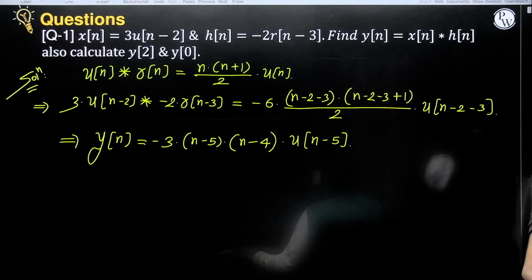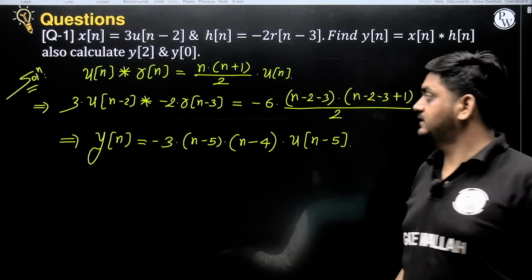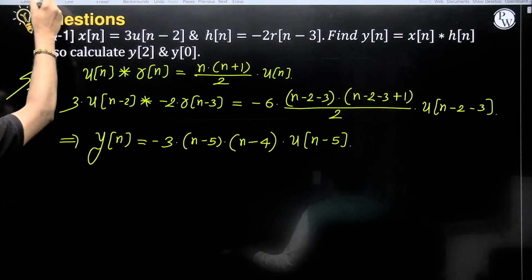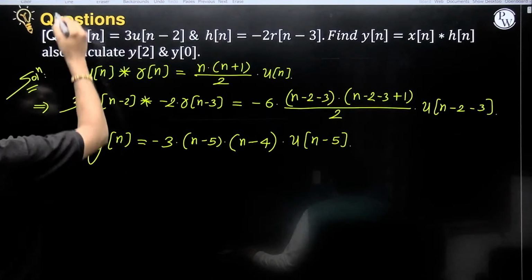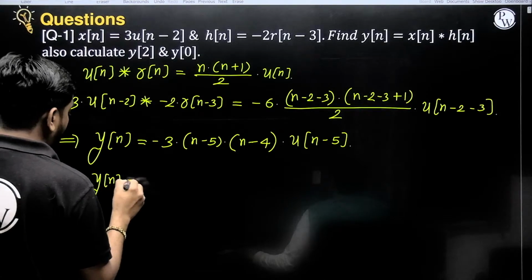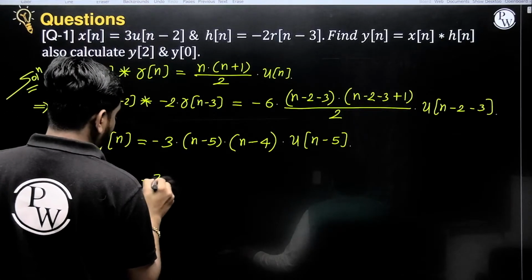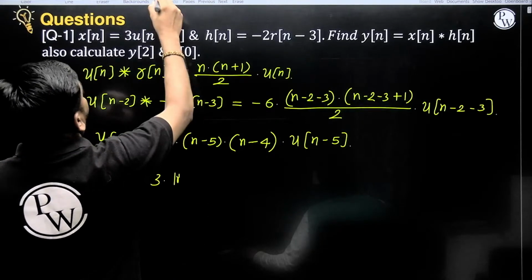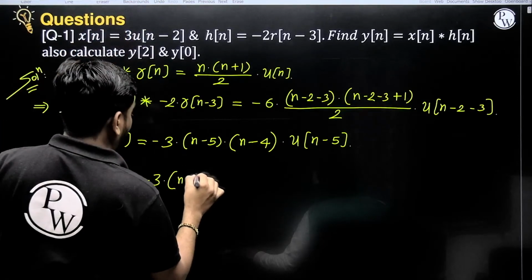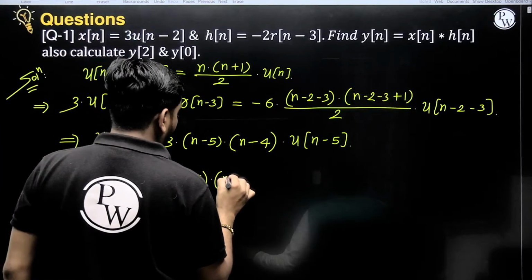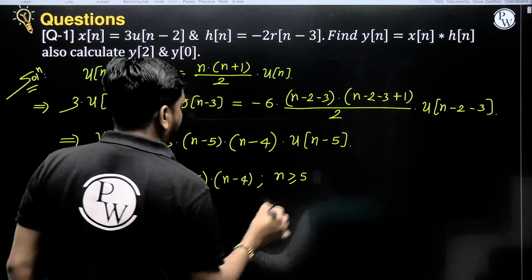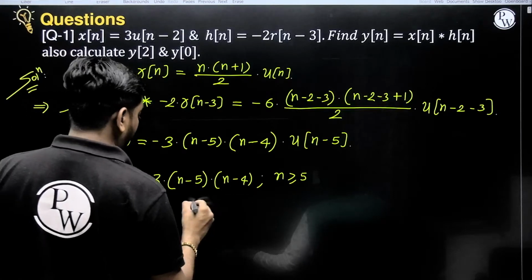Now next, they are asking y of 2 and y of 0. y of n is n minus 4 for n greater than or equal to 5, and it is 0 otherwise.